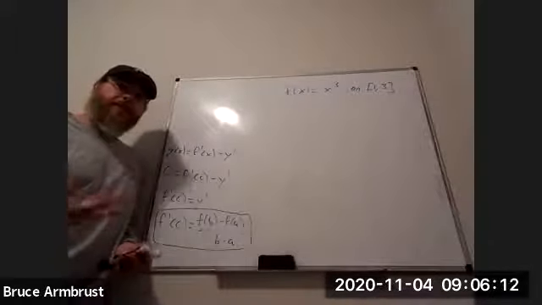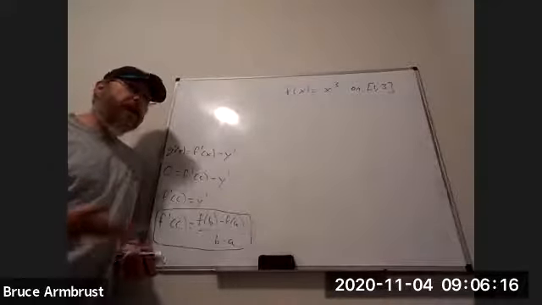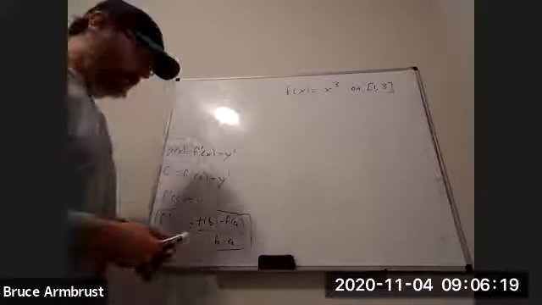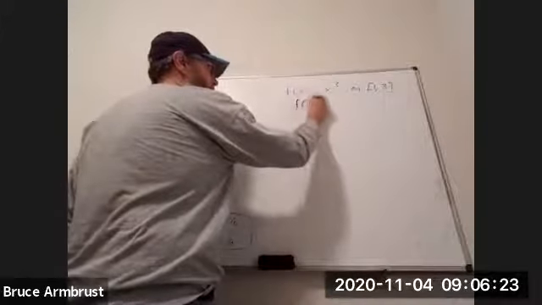So let's start by finding what that average value is, what that mean value is. Let's find the slope of the secant line. So I'm going to look at f of b minus f of a over b minus a.